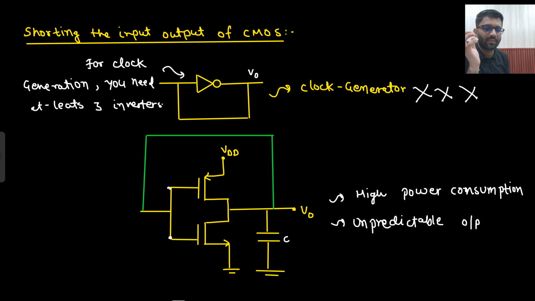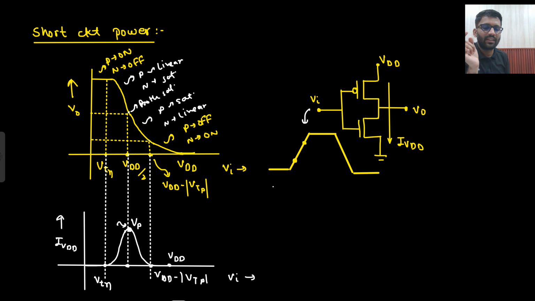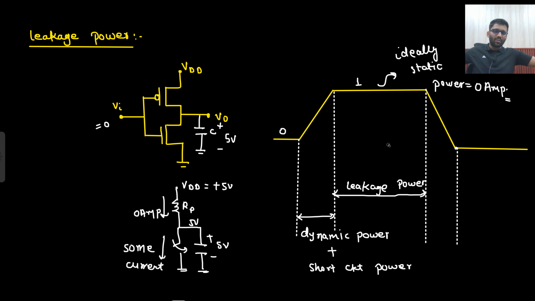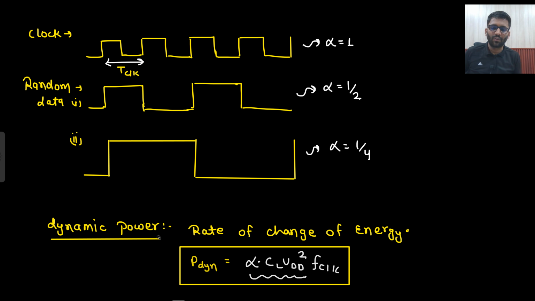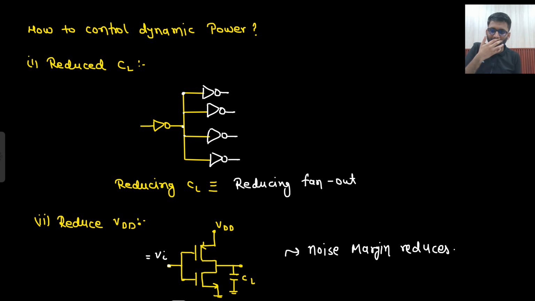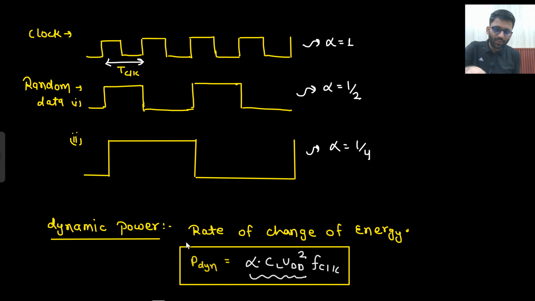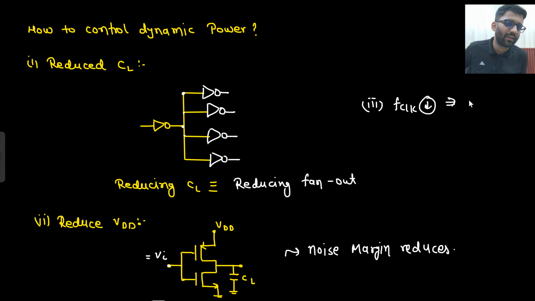And here, did you understand the point about the leakage power? If this width is more, what did I tell here? If I decrease f clock, I need to decrease this dynamic power consumption. If I decrease f clock, then what will happen?